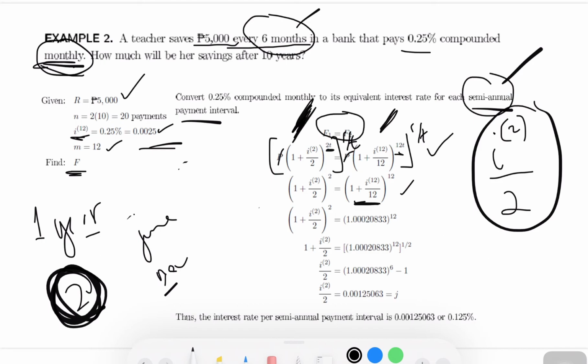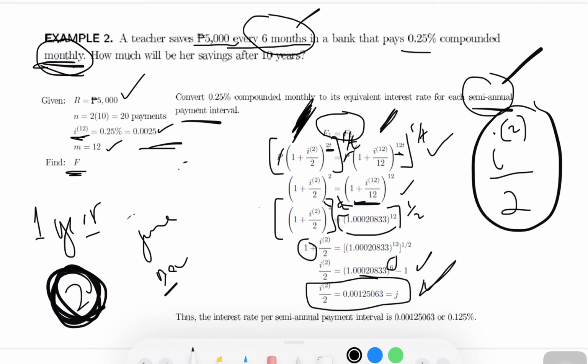So you compute, you will arrive with 1.000200833 raised to 12. Then again, raise this by 1 over 2 to cancel. 12 divided by 2 is 6. That is why it becomes 6 here. Transpose 1. So negative 1. And then compute, you will arrive with this number.